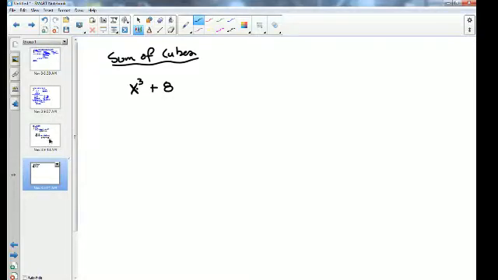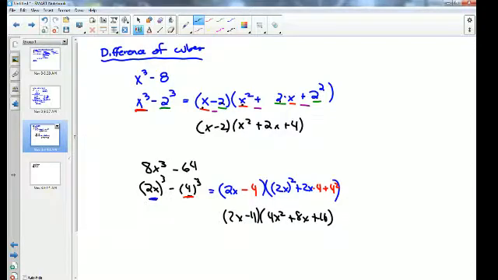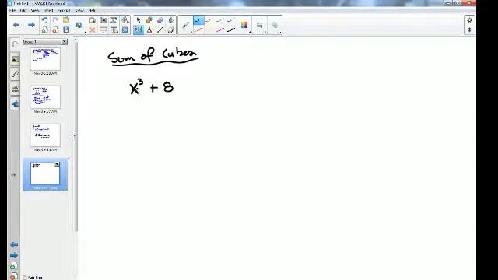The difference of 2 cubes was minus plus plus. It's going to be plus minus plus now. That's it. So this is 2 cubed, right? It's x plus 2, x squared minus 2x plus 4. So there's just a sign difference.